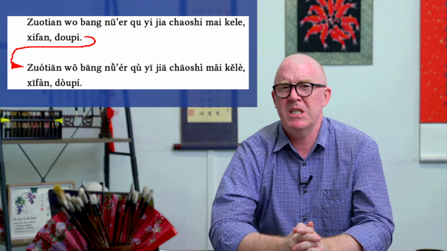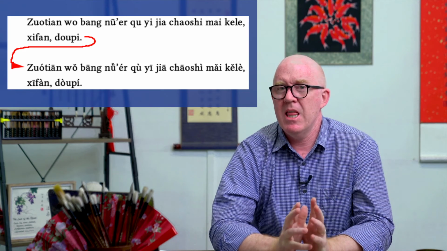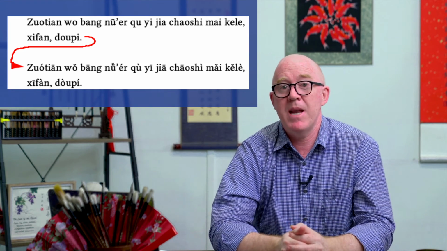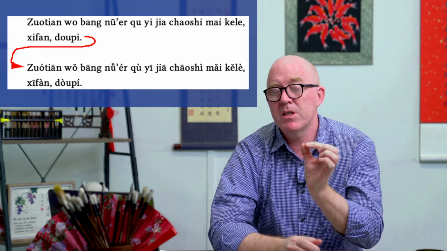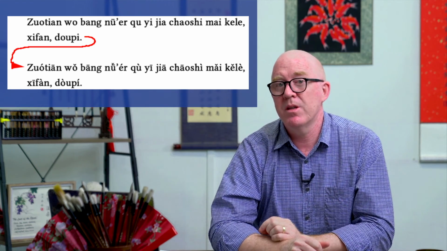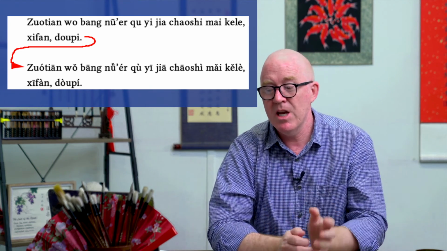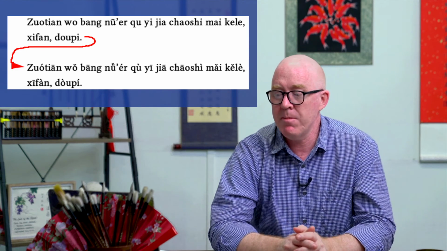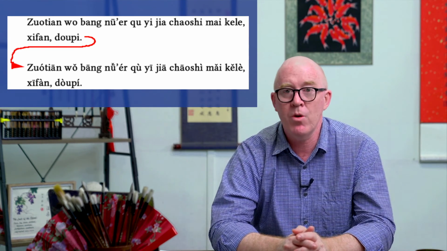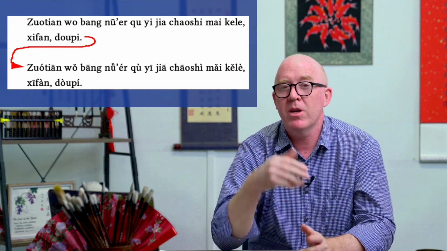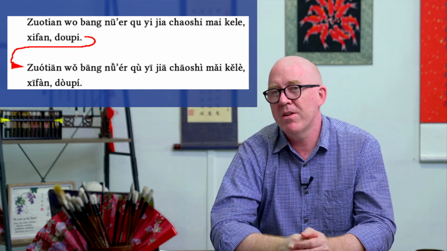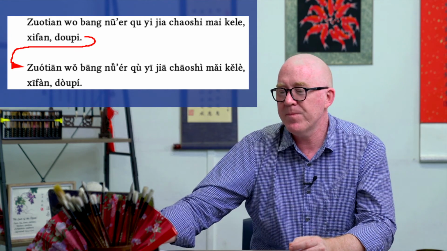Sounds really strange, doesn't it? If I said that sentence to a Chinese person, they wouldn't understand me because I'm not using the right tones. It should sound like this. 昨天我帮女儿去一家超市买可乐、稀饭、豆皮. You can listen to this a couple of times and see if you can hear the difference between those 2 ways of speaking.